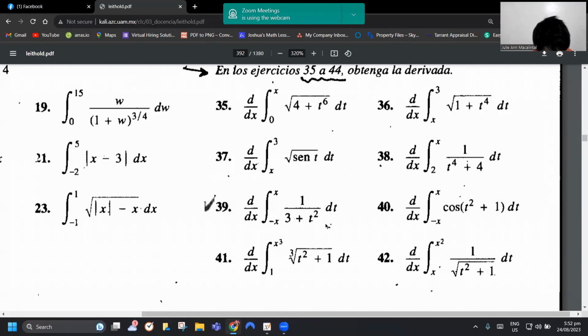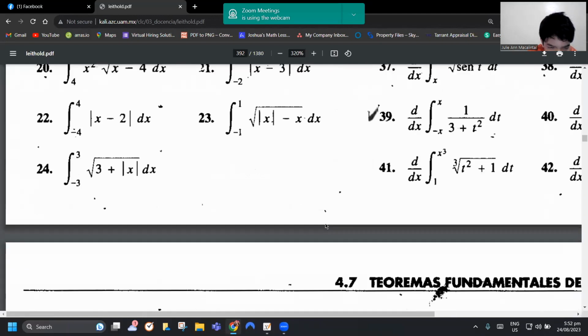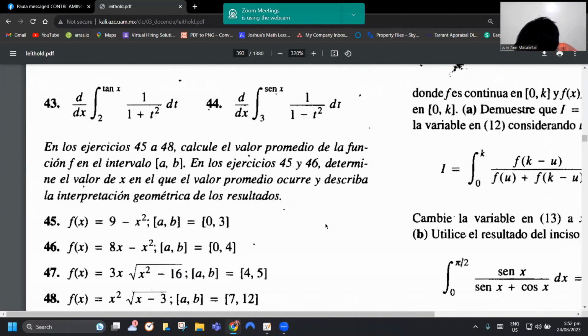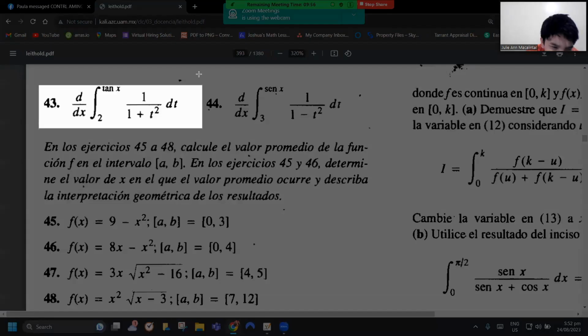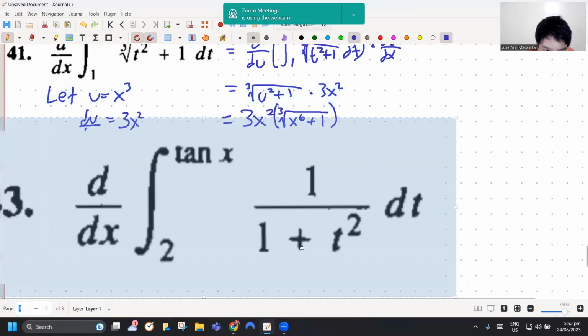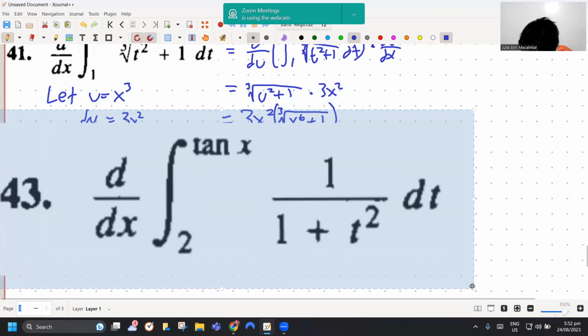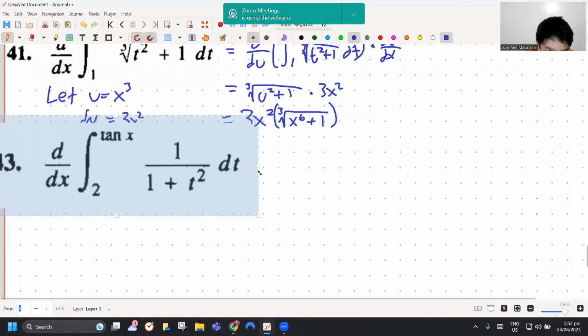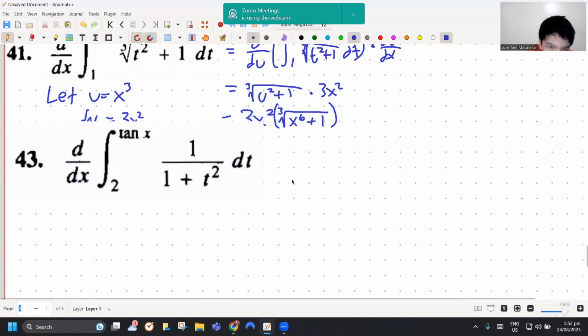Kaya, may 43 ba? Yeah, meron. Oh no! More chain rule. 2 to tangent x.